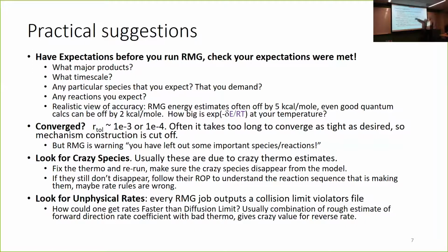It's worthwhile to calculate 2 kcal per mole divided by RT at your temperature, and that's what you're entitled to. You are not entitled to anything more accurate than that. So this is going to be a factor of 3 or a factor of 10, and that's what you're entitled to. You should not be upset if you're off by that much, because that actually means perfect agreement. You're within your error bar. That's what you expect.